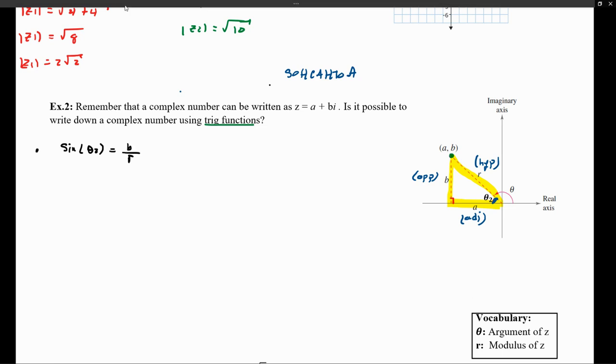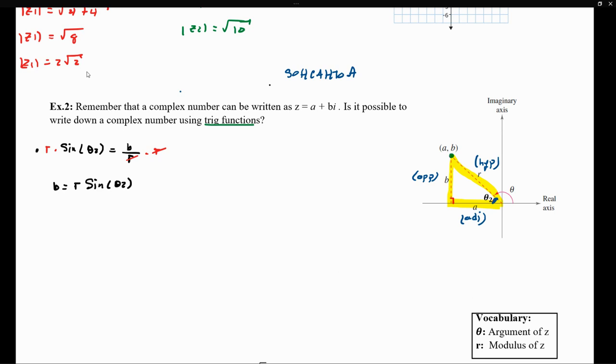And if I multiply r to both sides, r will cancel out, and now I know that the b component is equivalent to r sine of this reference angle. So the y component of this location can be represented as just r times the sine of theta 2.